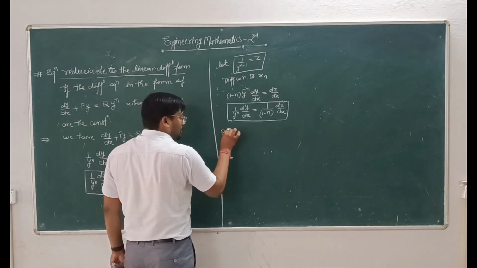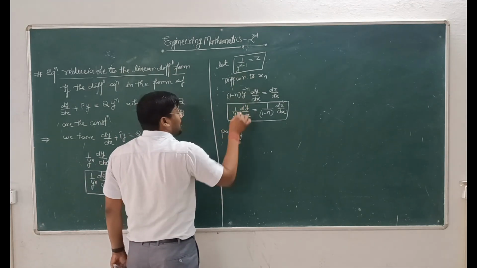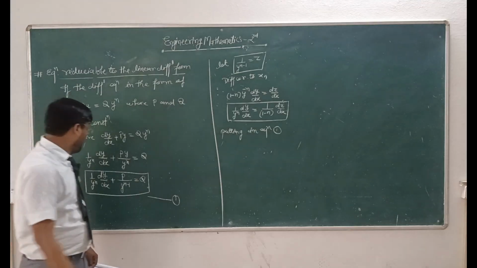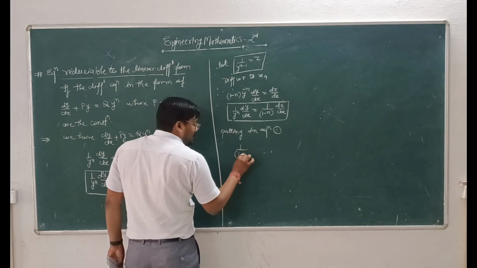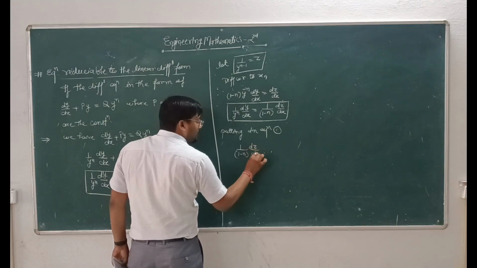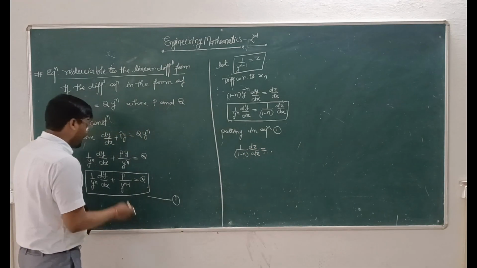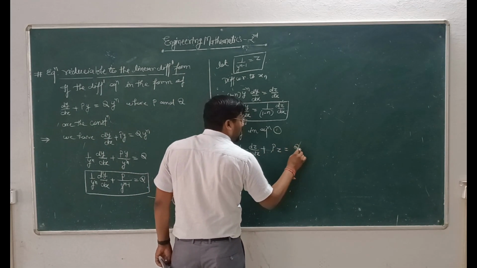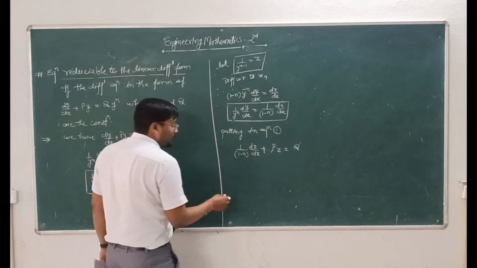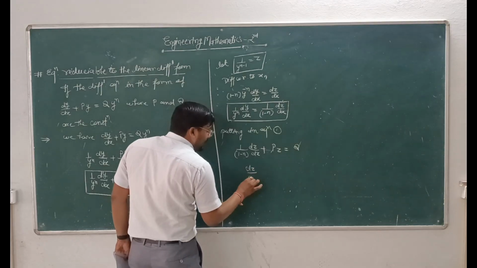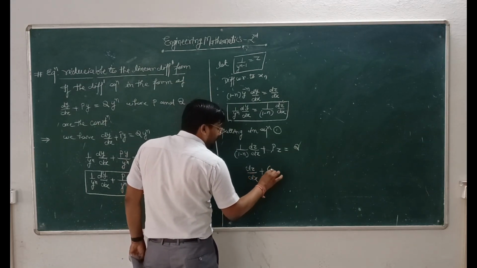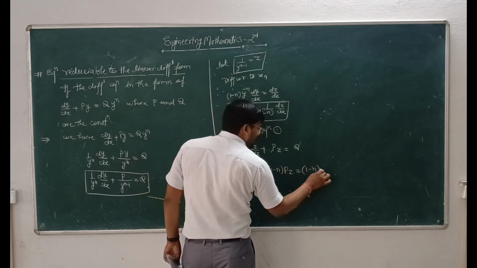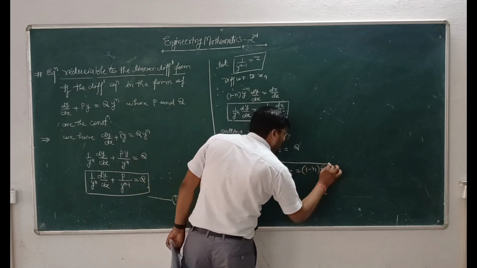Now putting these values in equation first, you can write 1/(1 - n) dz/dx + Pz = Q. Now you can write dz/dx + (1 - n)Pz = (1 - n)Q.